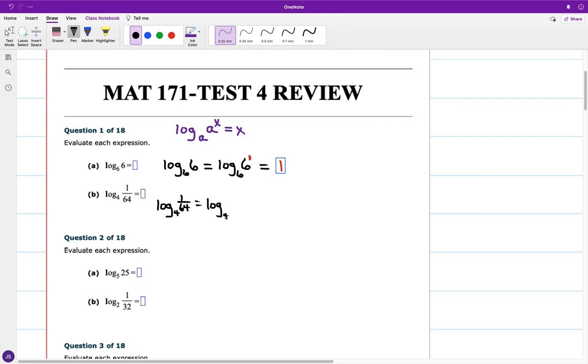Now 64 is both a multiple and an integer power of 4, so 64 is 4 to the third. 1/64 is the reciprocal of 4 cubed, so rewriting it as a direct exponential base 4, you have the base 4 logarithm of 4 to the negative 3. That's the base a logarithm of a to the x formation, so that x value is negative 3.